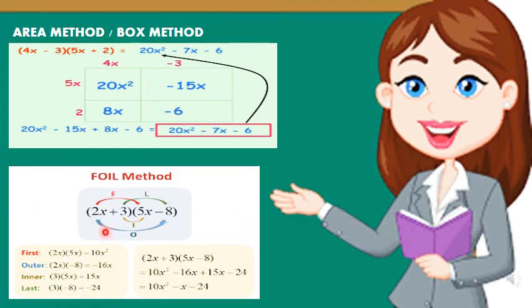So these two are marked as O. That means outwards, outer terms. So hope you all know how to mark FOIL when the binomials are given like this. Afterwards you will follow these steps. So this is how you mark FOIL in the binomials given in the question.